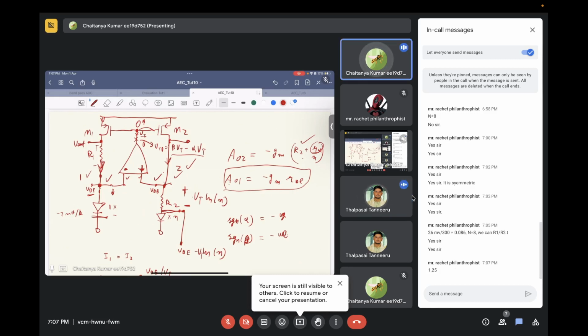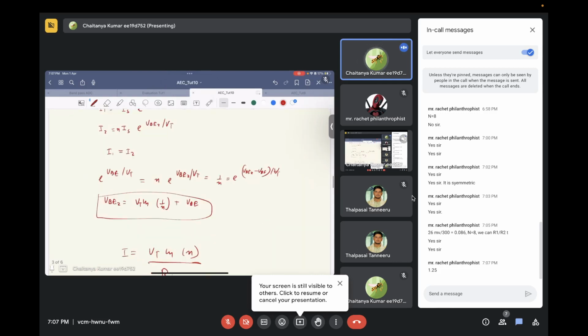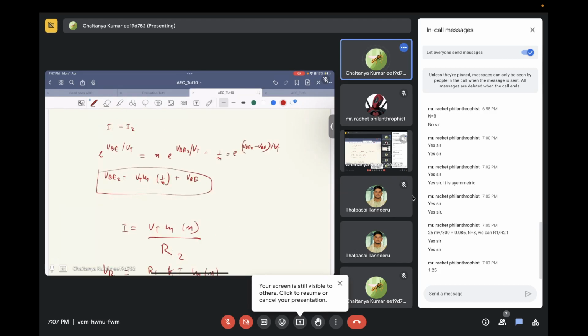So, what is the current flowing through this particular circuit? It's two times Vt ln n by R2, right? The current, Vt ln n by R2 in each branch. Do you understand this?